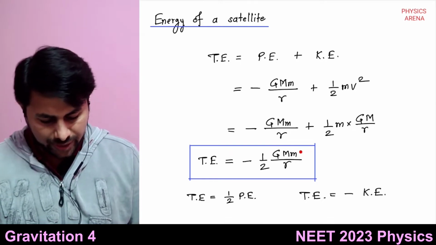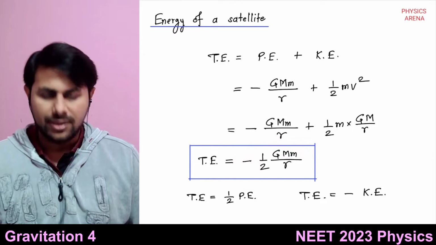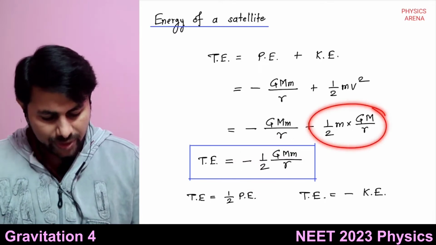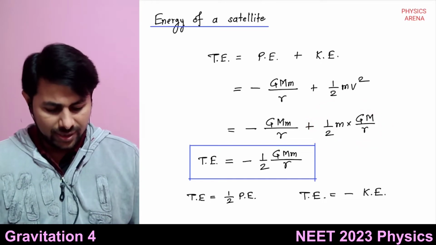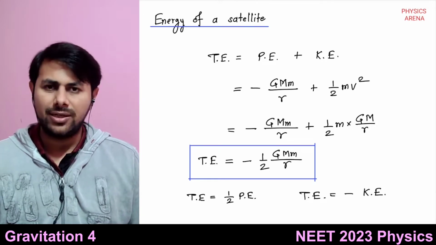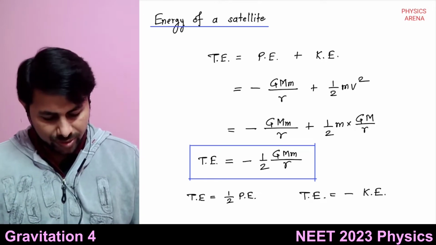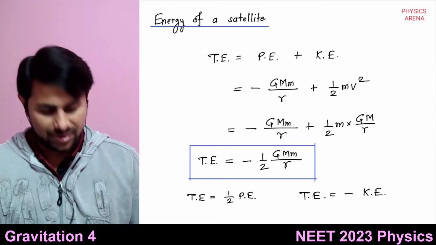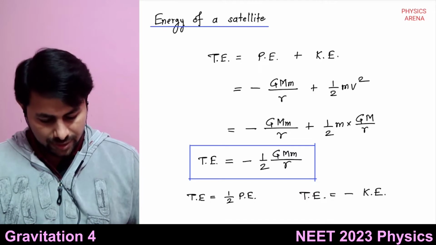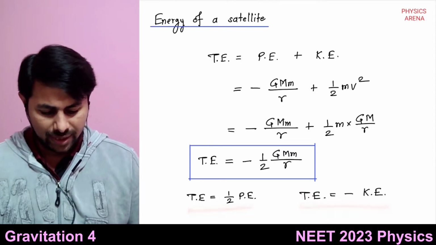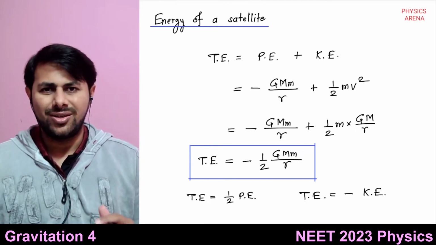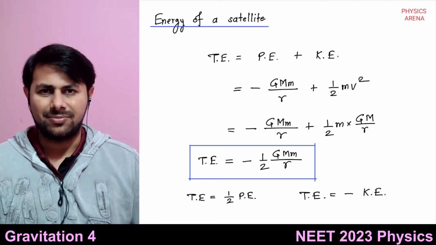Because the formula for total energy is minus half GMm upon r, and the formula for the kinetic energy of a revolving satellite is half of GMm divided by r, there is only a difference of negative sign, and therefore total energy equals minus of kinetic energy. So these are important relations. If you know the formula, you know the relation, right? But we have to keep this in mind.